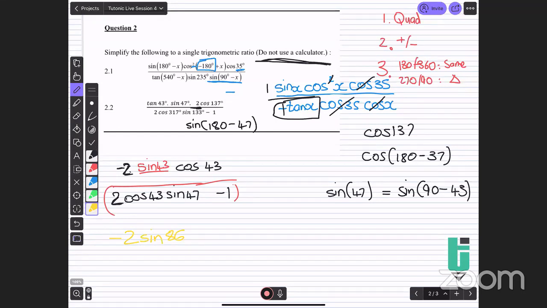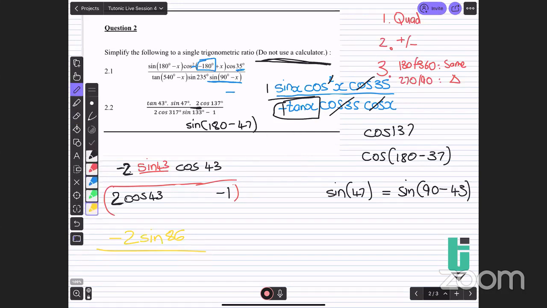Yes. And what's the bottom? You change the sine 47 to cos 43.